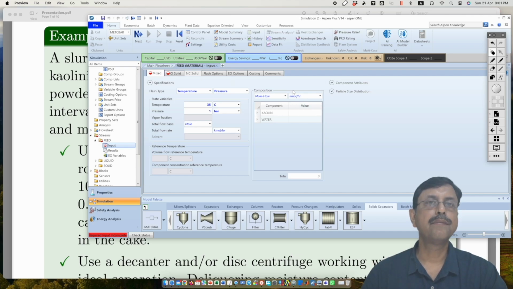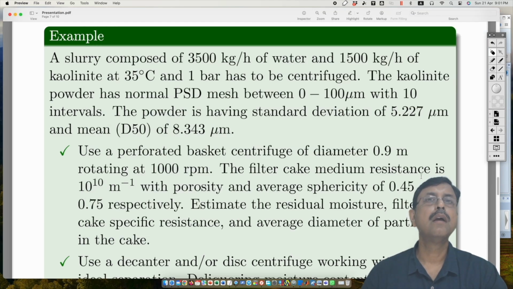And we have 1500 kg of kaolinite and 3500 of water.